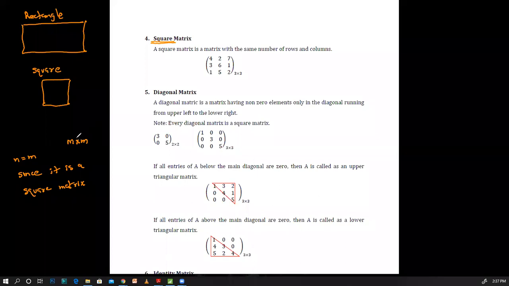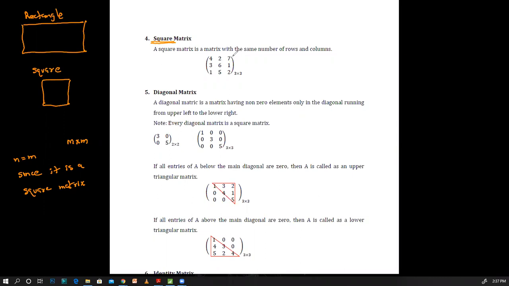Therefore, we can say it is an M by M matrix. In this example, you can see that there are 3 columns and 3 rows used here, and this type is said to be a square matrix.